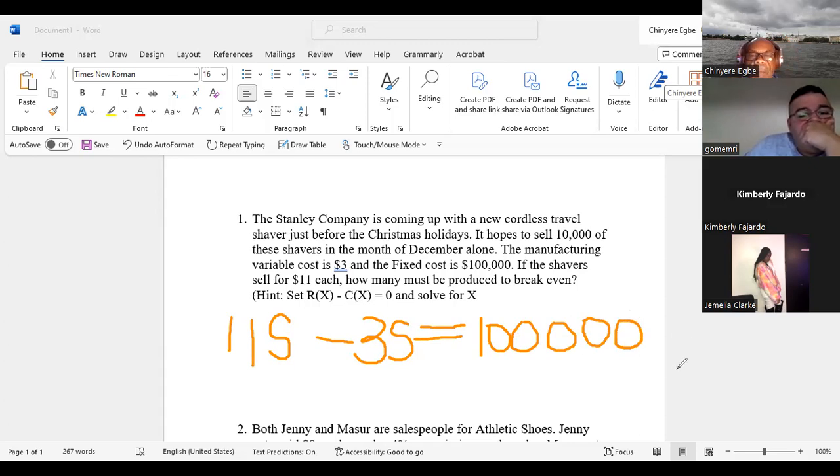Okay, so now we have brought the plus 3 on the right side of the equation into the left side of the equation. So I have 11S minus 3S.